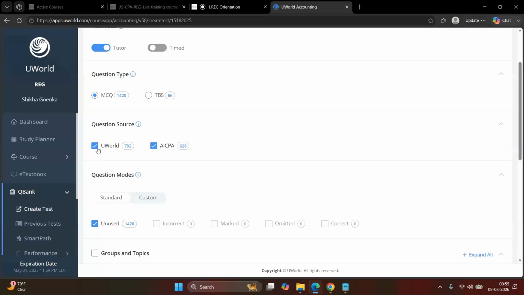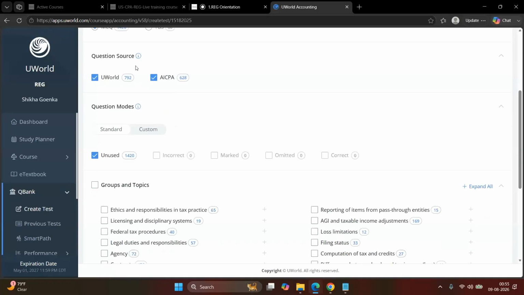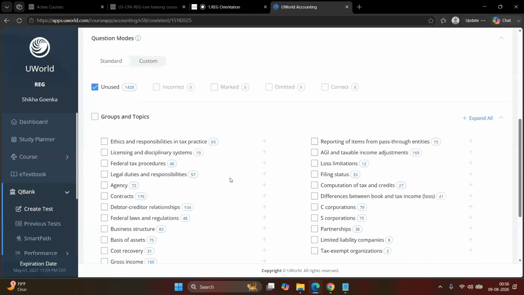We also have an option of solving MCQs only from UWorld or from AICPA. And under that also, we have options of solving MCQs from these pools of questions. Right now, obviously, everything is unused, but as we keep solving, some would be under correct, some incorrect, some omitted. Then we can pool together those question pools and solve questions.